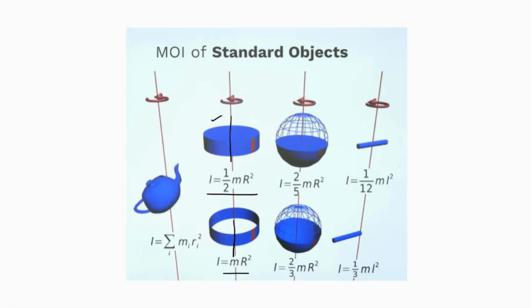Moment of inertia of a sphere is 2 by 5 mr square, and moment of inertia for this thing, this is for hemisphere. This you can leave it, these two. Right, for the rod passing through the center axis, which is 1 by 12 ml square, and rod about the extreme position is 1 by 3 ml square.